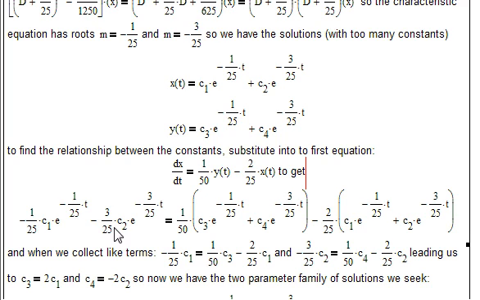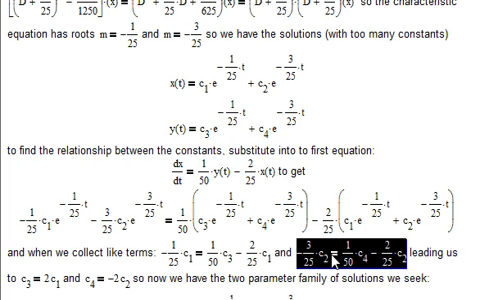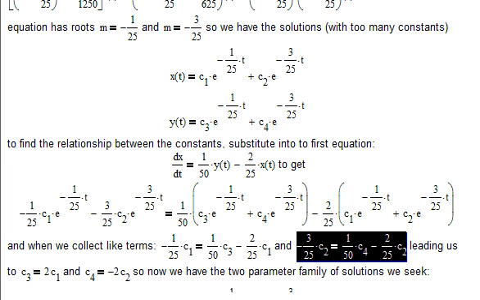And similarly, negative 3/25 C2 equals 1/50th C4 minus 2/25 C2. And that gives us enough that we can get the relationship.